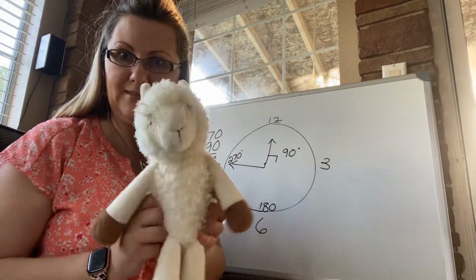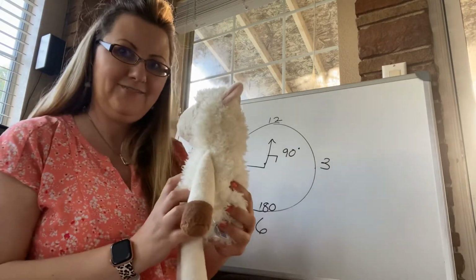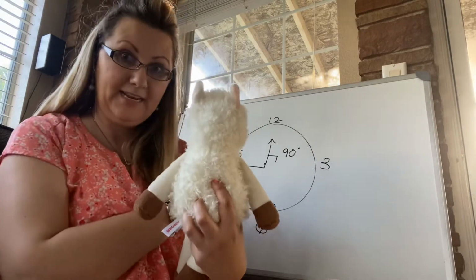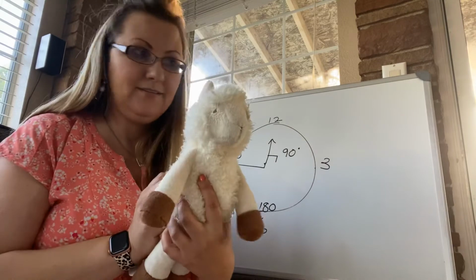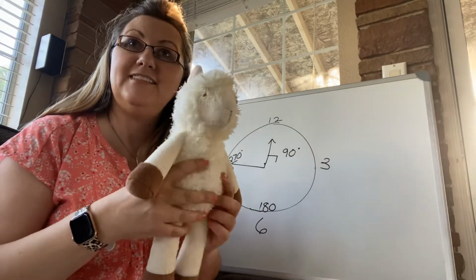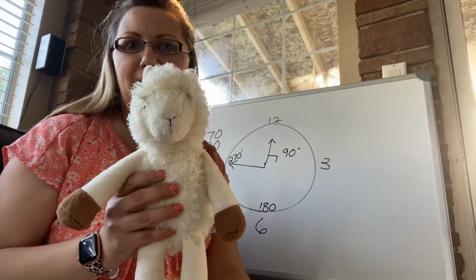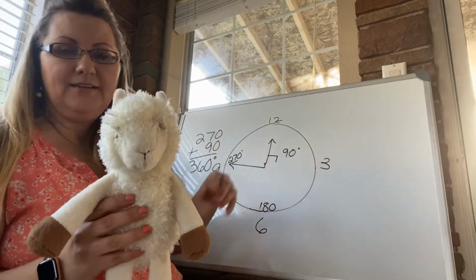Let's go back to the beginning. So here's little lamb facing you, 90 degrees, facing me, another 90 degrees, which is 180 now. Another 90 degree turn, and that would be now at 270 degrees, and another 90 degree turn facing back to you is a 360 degree turn.